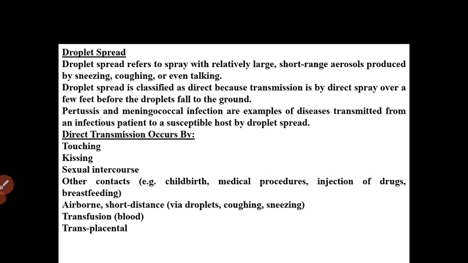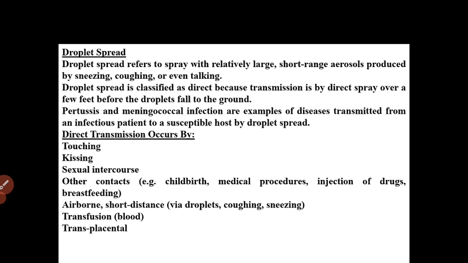Now next is droplet spread. Droplet spread refers to spray with relatively large, short range aerosols produced by sneezing, coughing or even talking. Fine. Droplet spread is classified as direct because transmission is by direct spray over a few feet before the droplets fall to the ground.